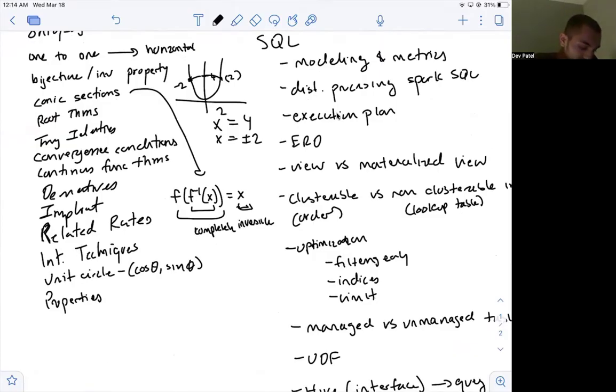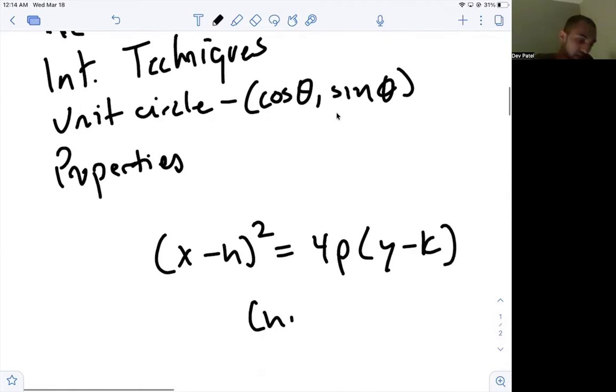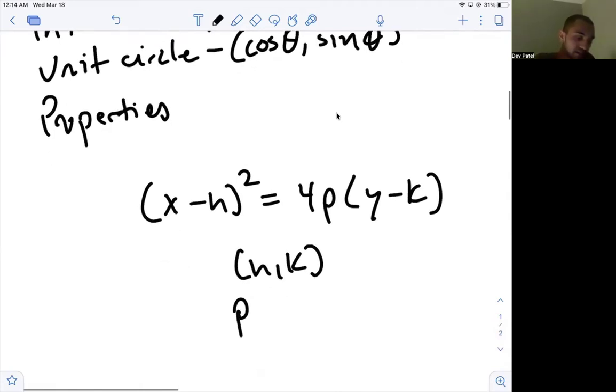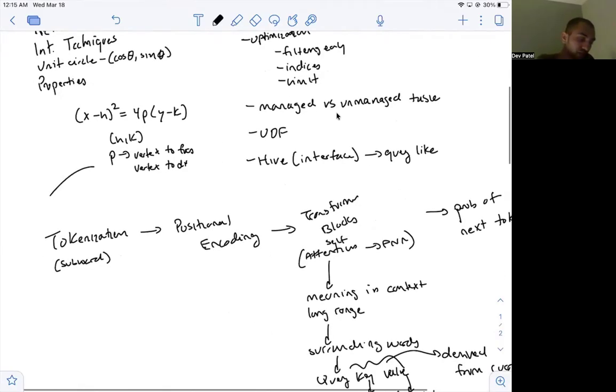Conic sections are all of the shapes that you get by splitting a cone. So you split a cone, you can get a circle, a parabola, or a hyperbola. If we take the example of a hyperbola, we know the vertex is (h, k), and p represents the distance from the vertex to the focus, also representing the distance from the vertex to the directrix, which should be the same.